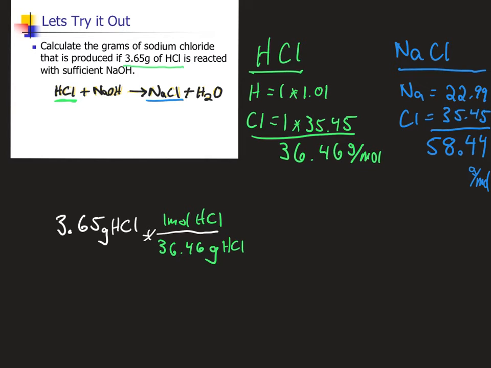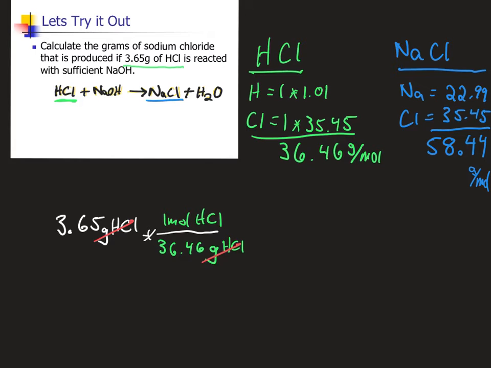Now that I have it into moles of HCl, because the labels cancel, I can now convert from moles of one thing to moles of another thing. And this is usually where students go, I don't know where I can get to here, but I just don't know what that step is. And they go, look at your chemical reaction. If you get stuck, double check that. How do I go from one to the other?